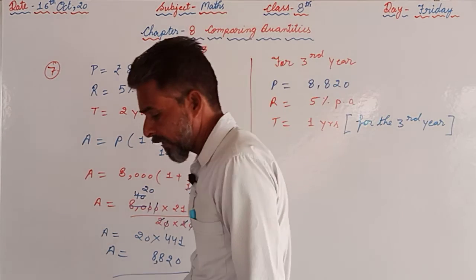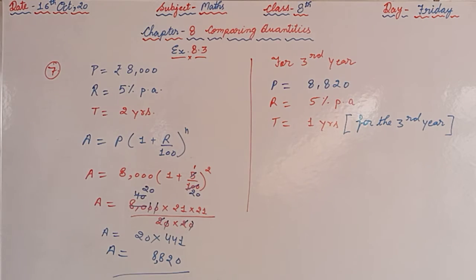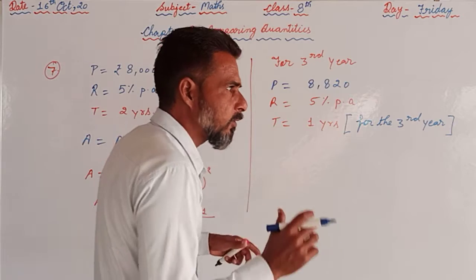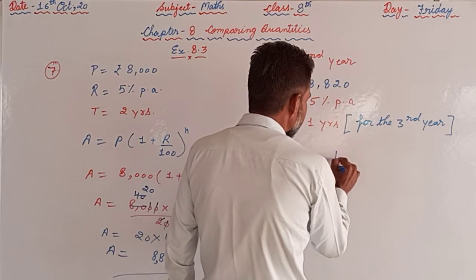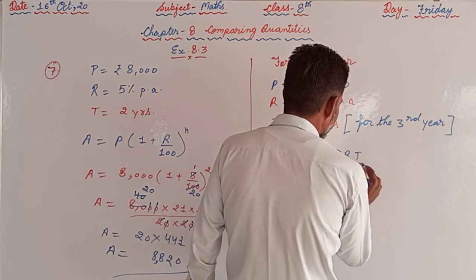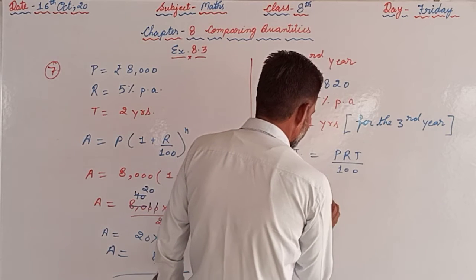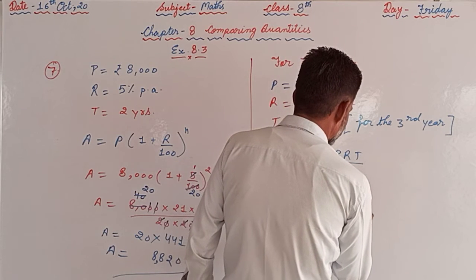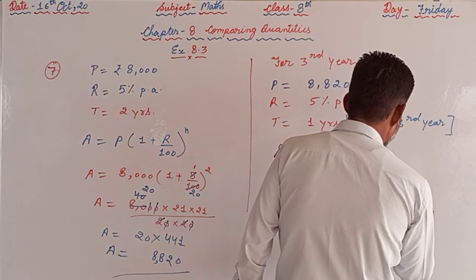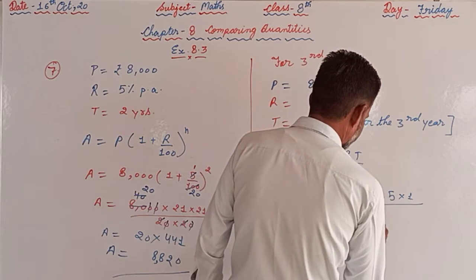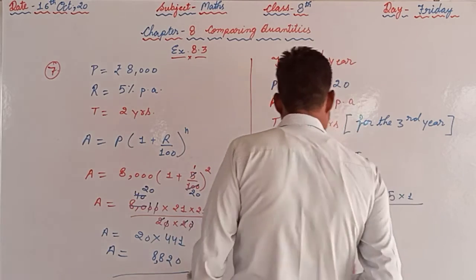We are supposed to calculate the interest only, so that will be compounded afterwards, but for the third year, for 1 year only, that will be equal to the simple interest, and simple interest is PRT upon 100. Principal is 8,820 into 5 into 1 upon 100.